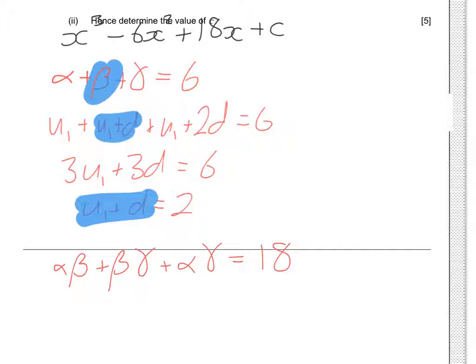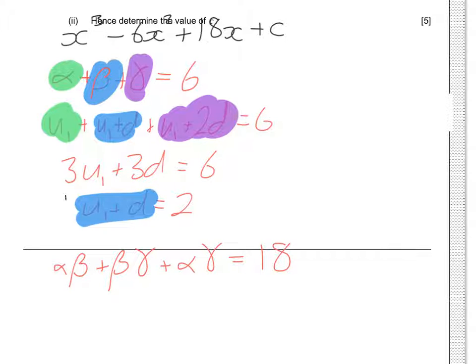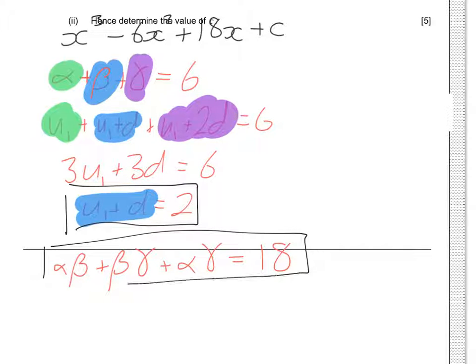And again, we can replace alpha with u1, beta with u1 plus d, and gamma with u1 plus 2d. What we're going to end up with is a pair of equations, one from here and one from here, that we should be able to solve simultaneously. So let's do that substitution.